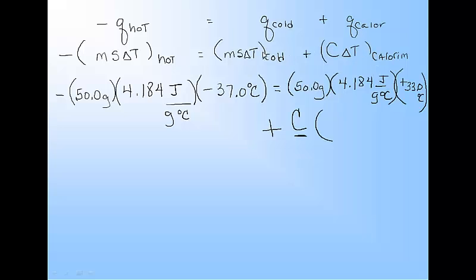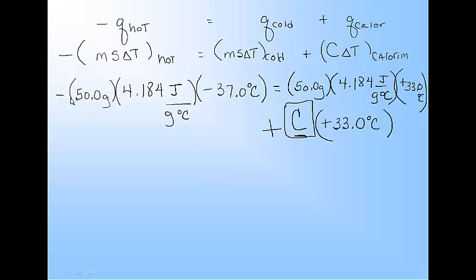All three end up at 53 degrees Celsius. So the cool stuff and the calorimeter will have the exact same change in temperature. And again, I'm going to box in my unknown because I'm going to lose it. I am trying to do my algebra right to calculate C, which is the heat capacity of my calorimeter.